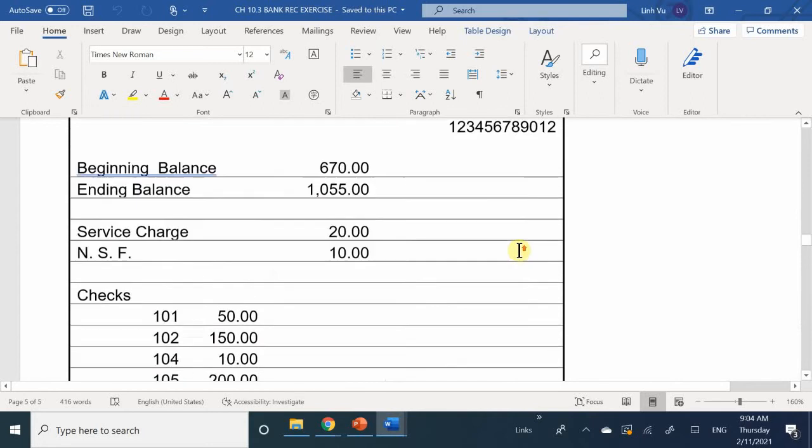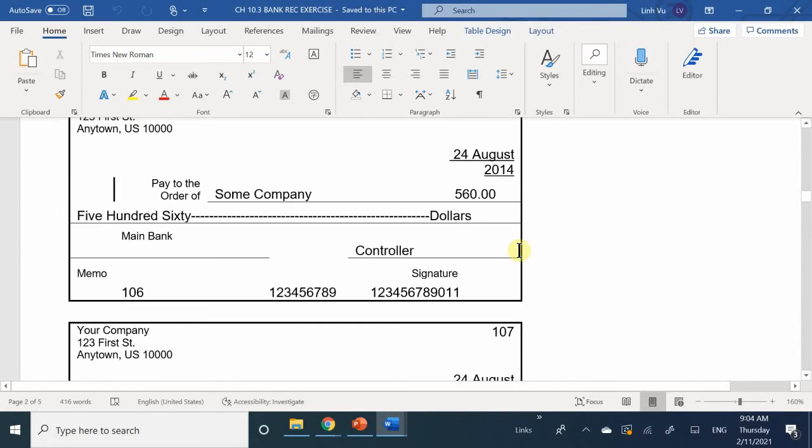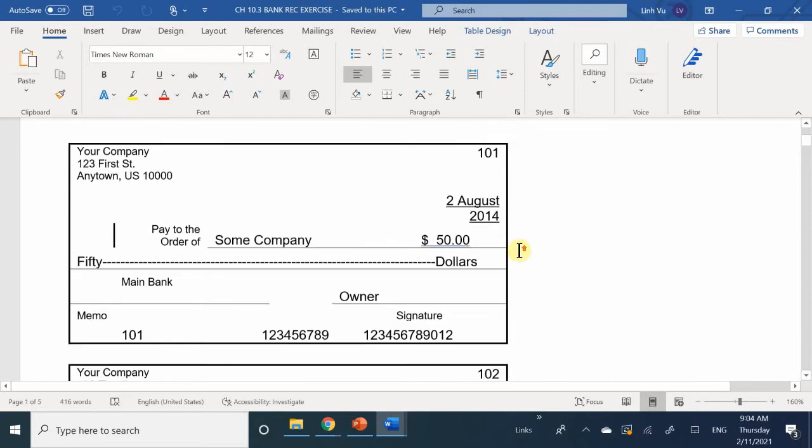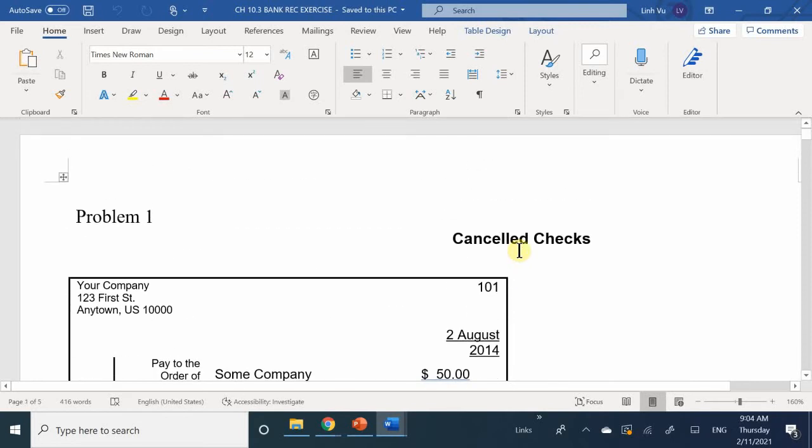Now, a key factor: there are many other factors that could affect your bank reconciliation, but I just need you to know the very basics, the very minimal on how to do it. The reason we have copies of our checks is because what if we accidentally wrote the wrong number on our checks and recorded it wrong in our books?